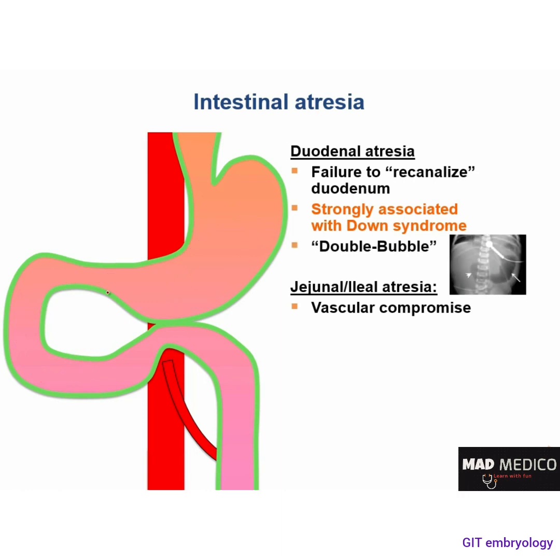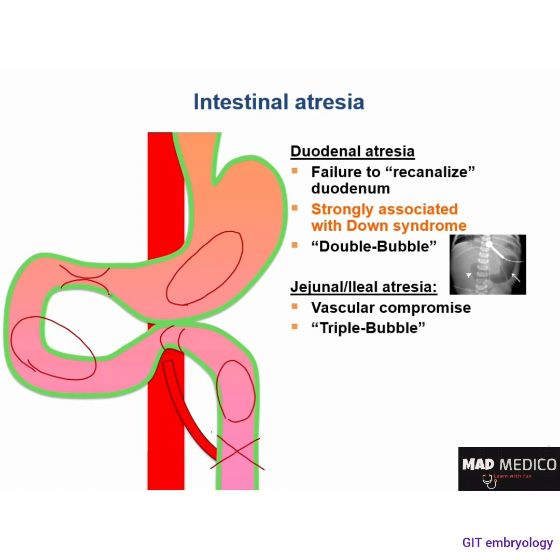In the case of jejunal atresia, air collects in the stomach, the duodenum, and the jejunum, with the ligament of Treitz and the pyloric sphincter dividing the bubbles up. This leads to the far less poetic sounding triple bubble sign.